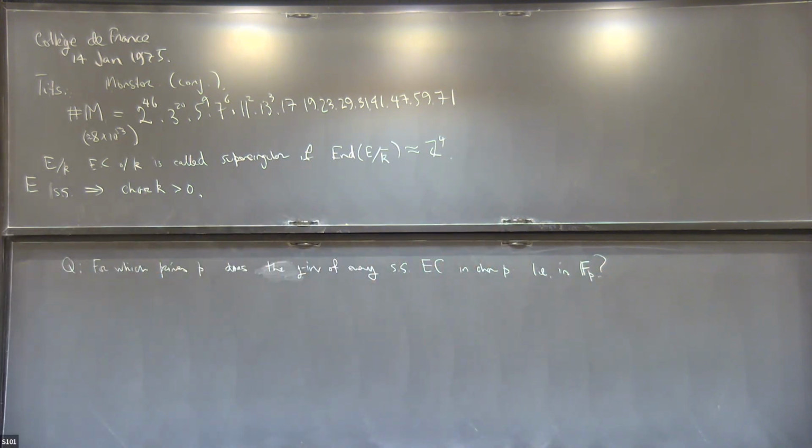It turns out if it doesn't lie in F_P, then it has to lie in F_P squared. But we can ask if there are any primes such that it always lies in the prime field F_P.